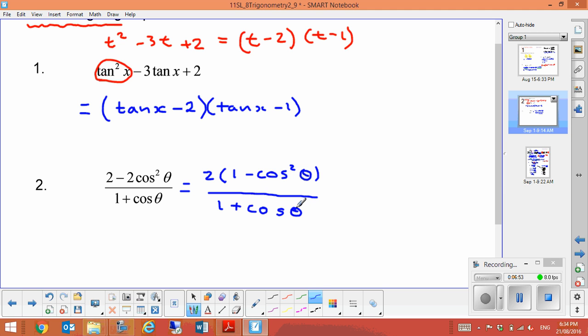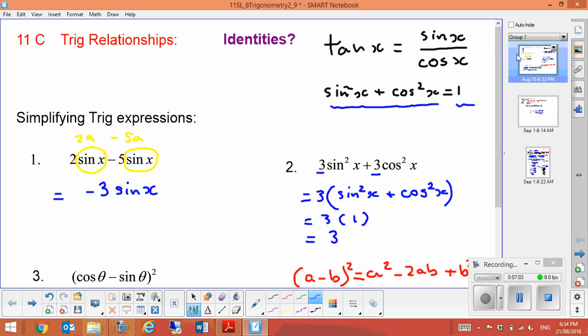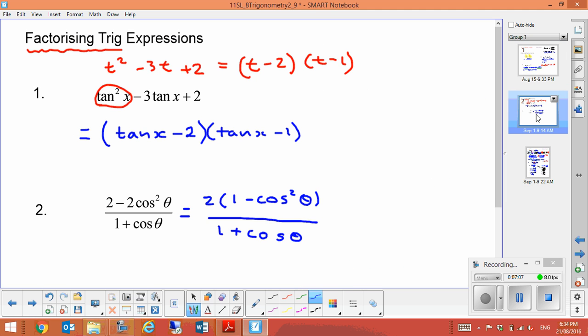We certainly can't just cancel those because they're not being multiplied. We might be able to go 1 minus cos squared theta equals sine squared theta, using the Pythagorean relationship again. But if we turn that into sine squared theta, that doesn't really help us cancel anything out.